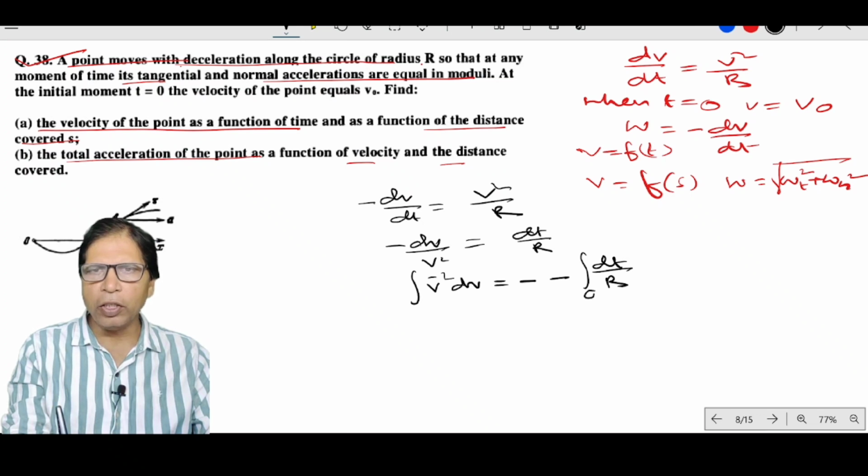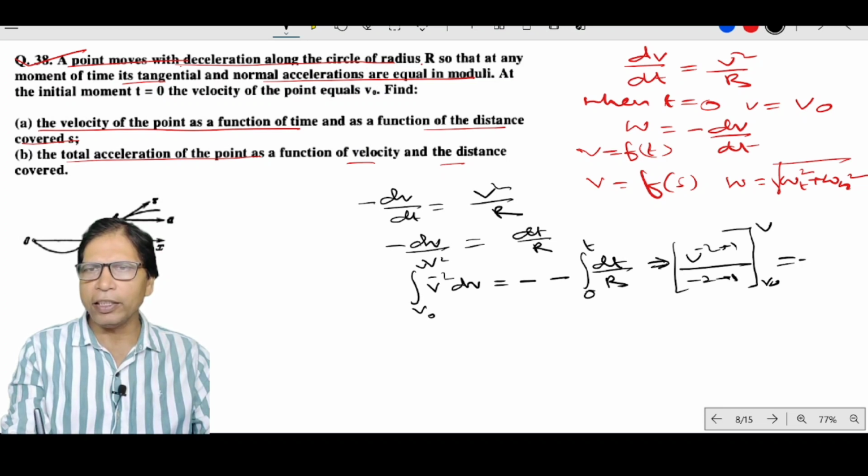When t equal to 0, v equal to v naught. When t equal to t, suppose the velocity is v. So from here you can write v to the power minus 2 plus 1 divided by minus 2 plus 1, limit of integration from v naught to v, equal to minus t by r.